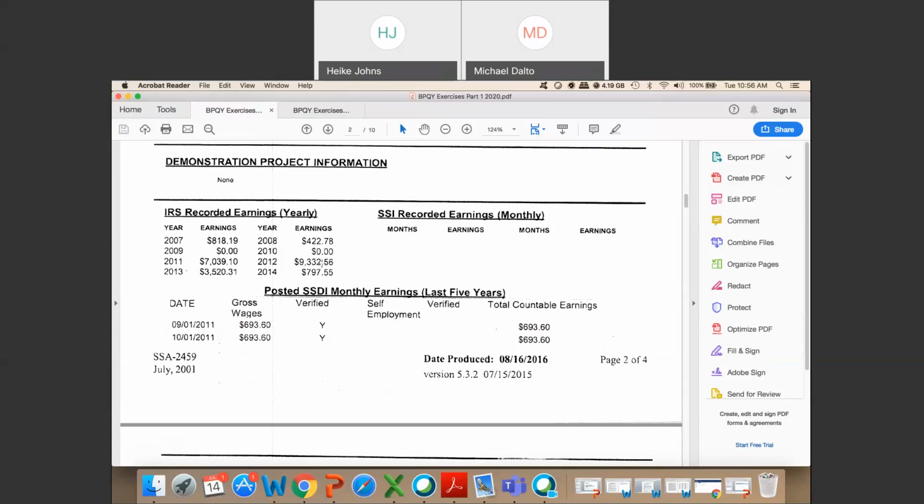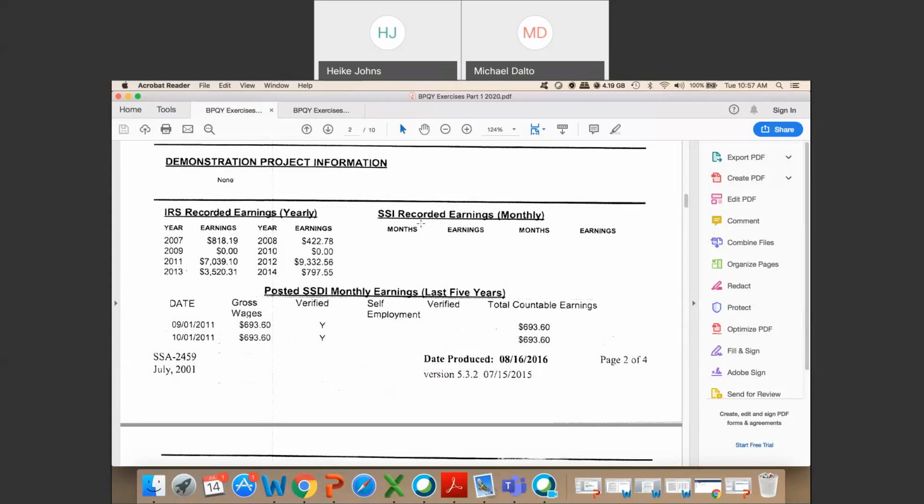It shows earnings for the entire year, and it will go back as far as the IRS has earnings records. For some individuals, this can go back decades. This person appears to have had earnings reported to the IRS from 2007 through 2014. But it's not a monthly breakdown, it's just showing yearly totals.